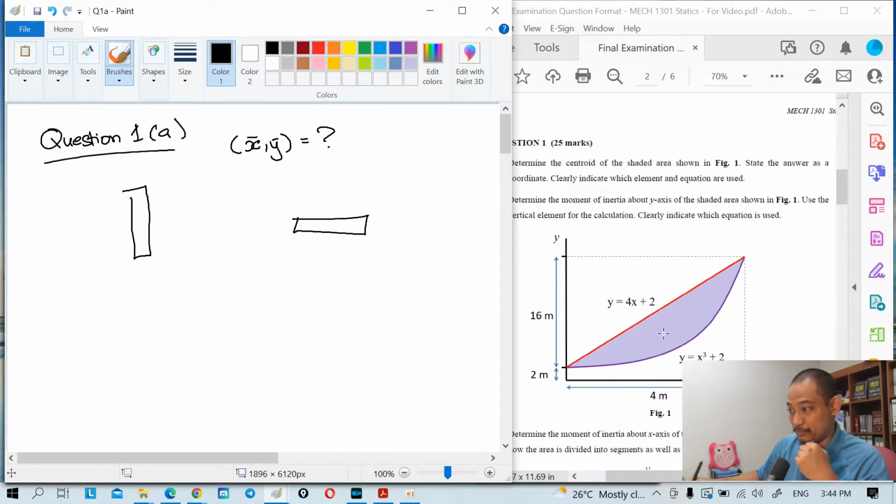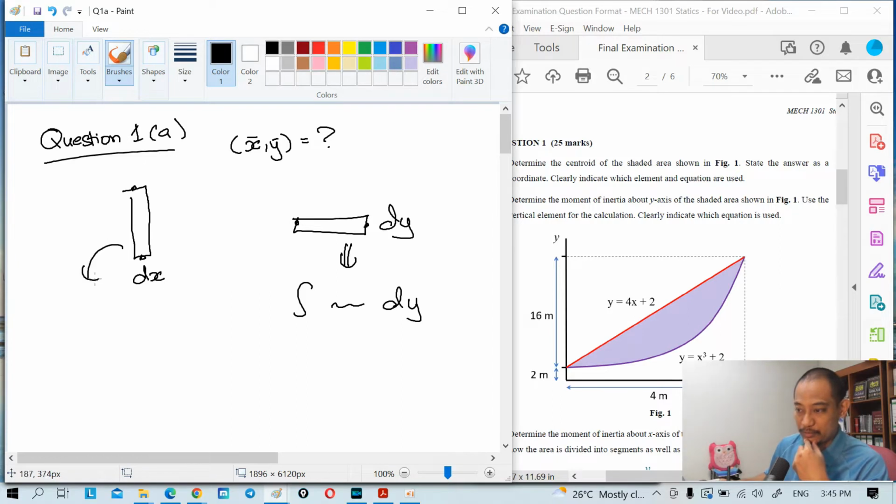Because you have 2 equations that govern this point and this point, as well as this point and this point. Now what you have to decide early on is that this one will have the x here, and this one will have the y here, right? Which means that if you choose this one, you will integrate with respect to y. If you choose this one, you will integrate with respect to x.